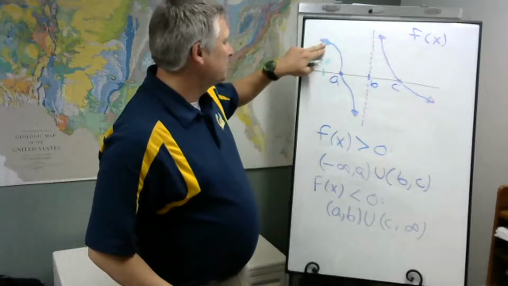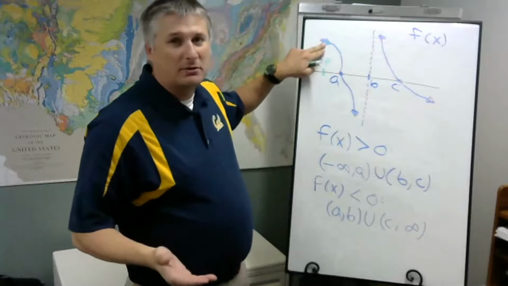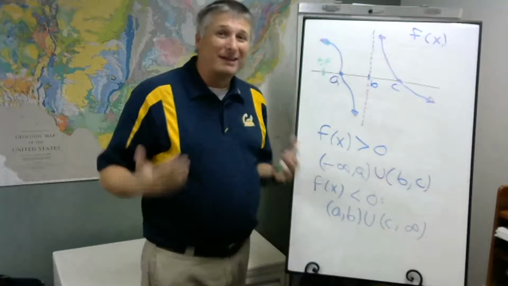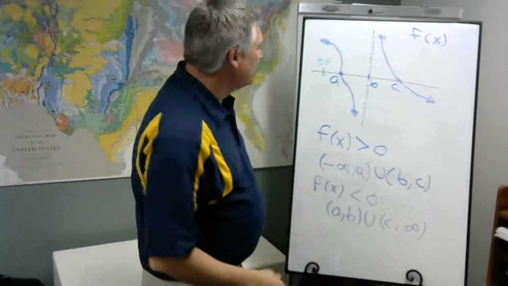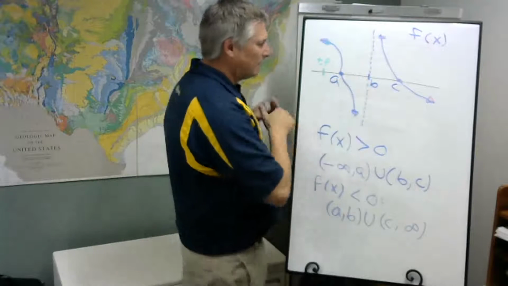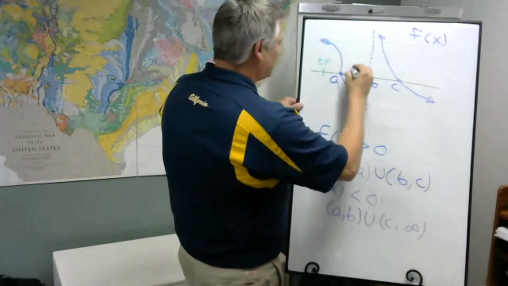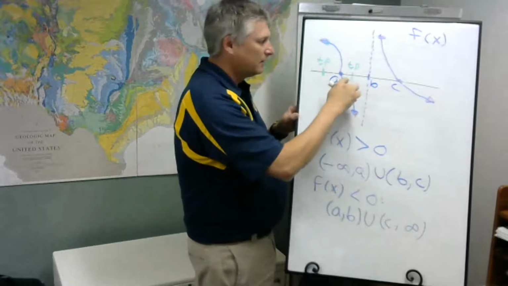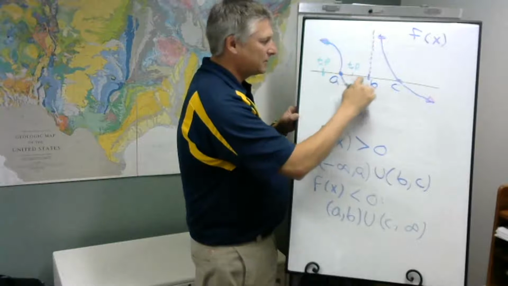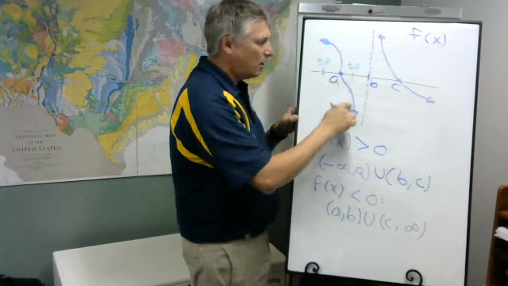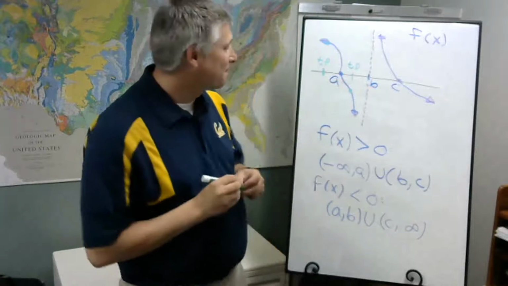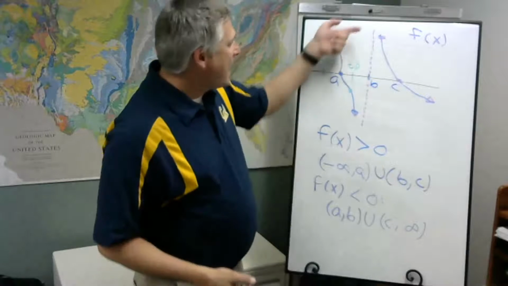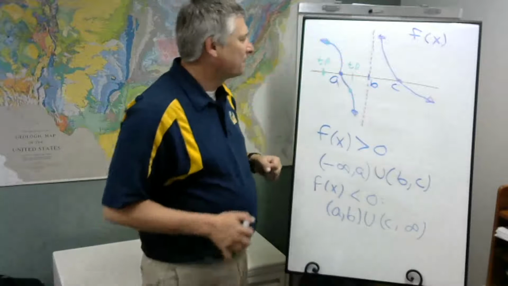And that's how we know, just by realizing whether one of these points is positive or negative, that all of them will be positive. Same thing here. If we find out that the test point here is negative, because there are no x-intercepts between a and b, all these points have to be negative.